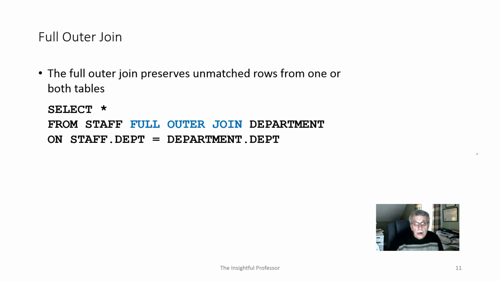The full outer join gives us the inner join plus the non-matching rows from both tables, the non-matching rows from the left table, and the non-matching rows from the right table. Now, all we have to do is say, select from one table, full outer join the other table. And we'll get the inner join plus extra rows from the left table plus extra rows from the right table. So pretty straightforward, I think, to see what that's doing.